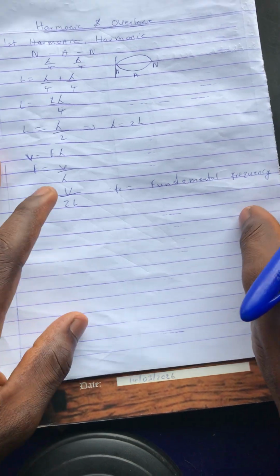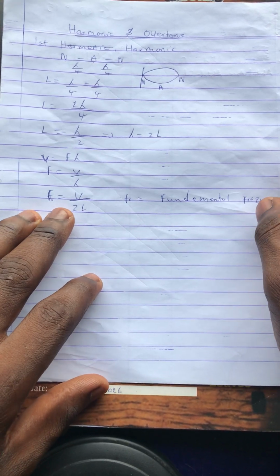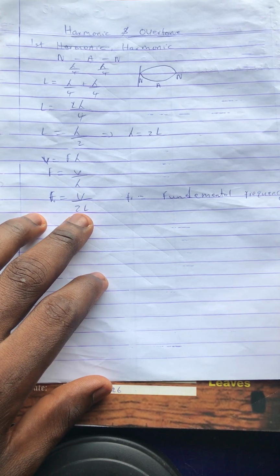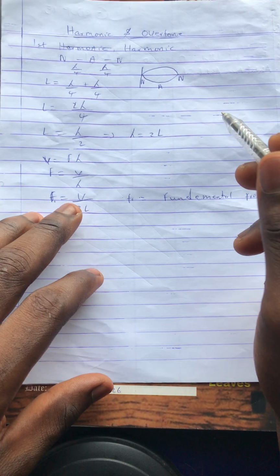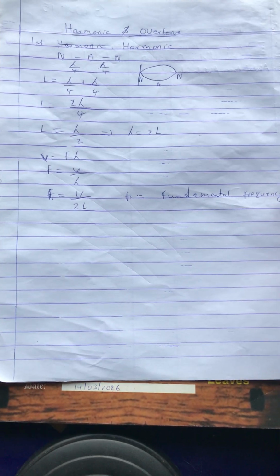So you have F equals V over 2L, where F is your fundamental frequency, and this is actually your first harmonic.